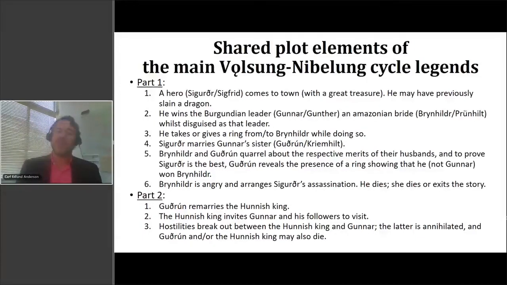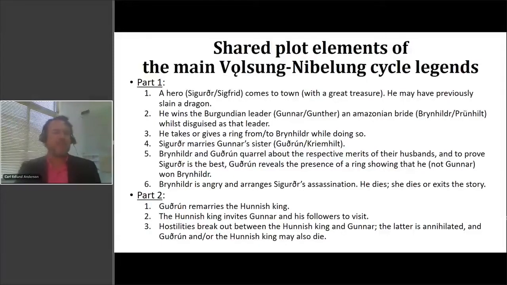There's still more to tell about Gudrun, or Kriemhild in the German version. Gudrun remarries a king of the Huns, whose name is derived from that of the famous historical Attila the Hun. Then, for one reason or another, the Scandinavian and Continental traditions diverge on the motivations. Her brother Gunnar and his followers then go to visit the Hunnish stronghold, where hostilities break out, and they are annihilated in battle.